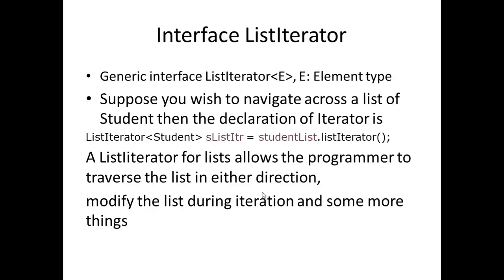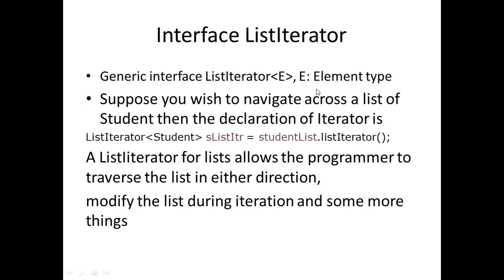Now, list iterator. List iterator behaves exactly in the same way as the iterator. The only advantage is that it has the bidirectional possibility of traversal, from one end to the other end and from the other end to the beginning. Okay, how to generate the list iterator? Initialization.